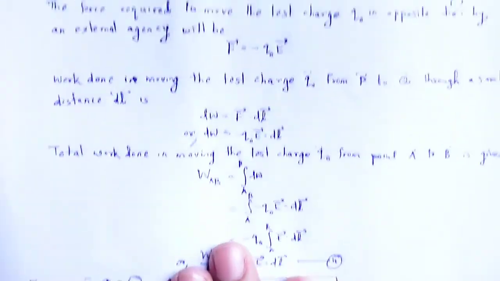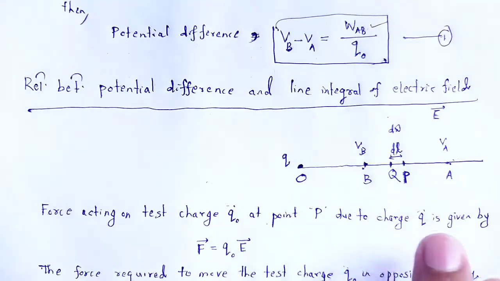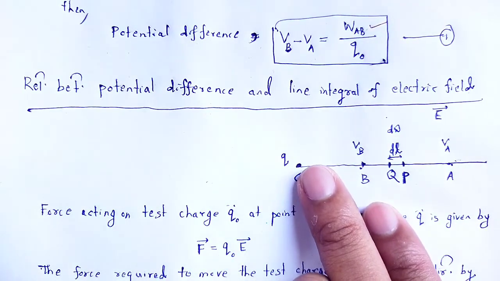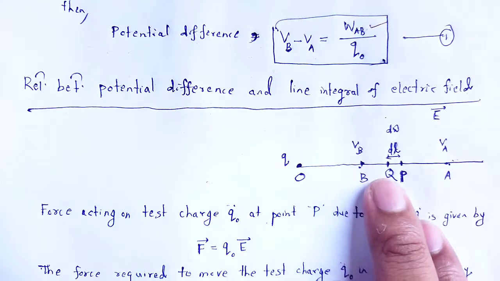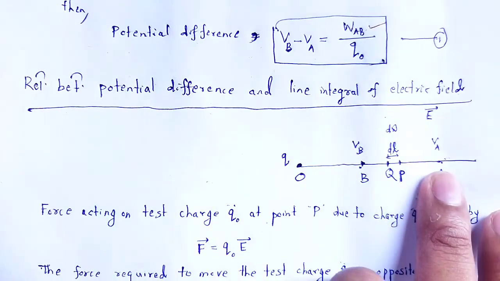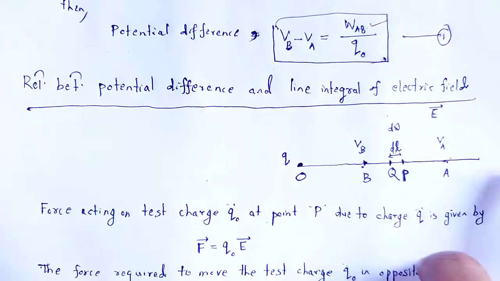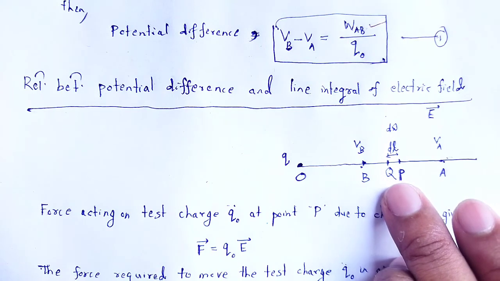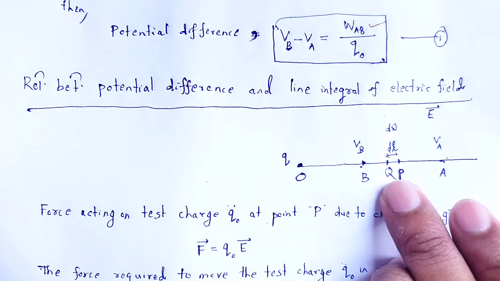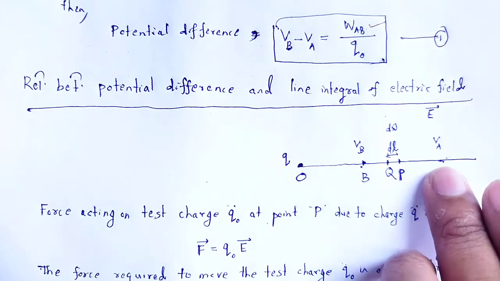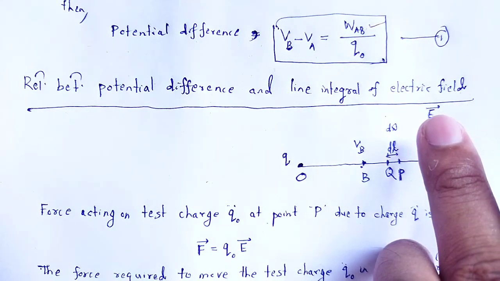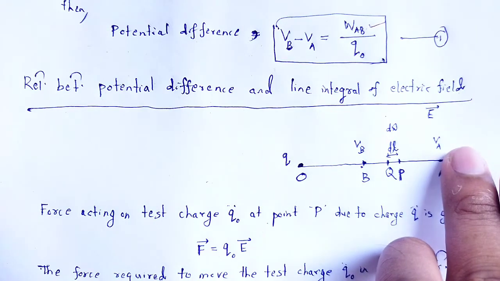Here look at that figure, this is the point charge, let the charge will be q, but in this case we take that unit test charge from infinity to the point B, means the potential at point A is at infinity, the potential at A will be 0.